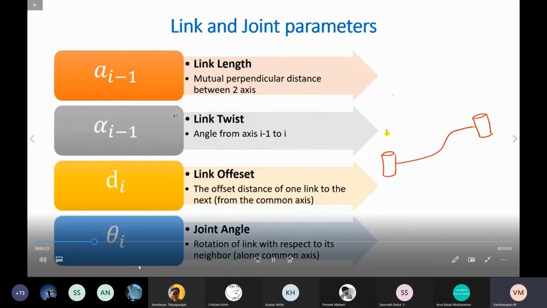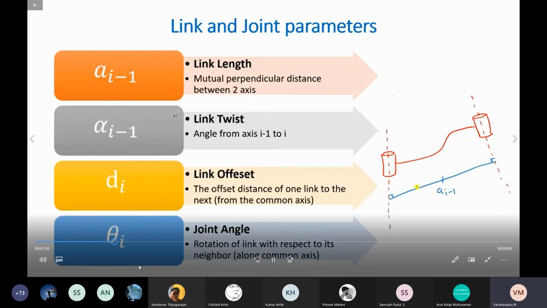Now each of these joints would have their joint axes. Right, so the first value is our a i minus 1, which is the link length. For this, it would be the length of the common perpendicular between both these two axes. So that would be your a i minus 1.